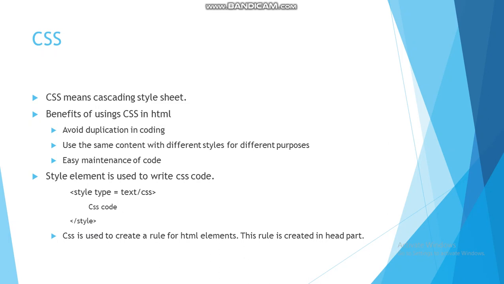Remember, whatever CSS rule we have to write, that is style tag and slash style tag, that we have to write inside head part of HTML program. We can also create a separate file here for CSS, and then we can apply whatever rule we have created, that we can apply in HTML code.